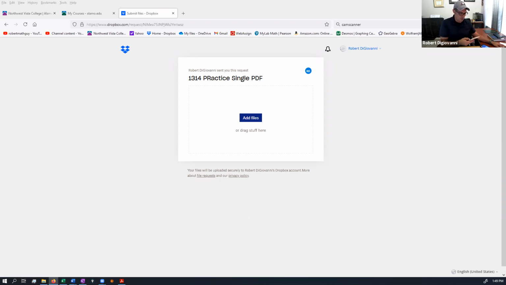Now it's giving me my camera and I can take pictures, right? Do you see where it says single or batch at the bottom? I would say batch, and that's going to allow you to do multiples.